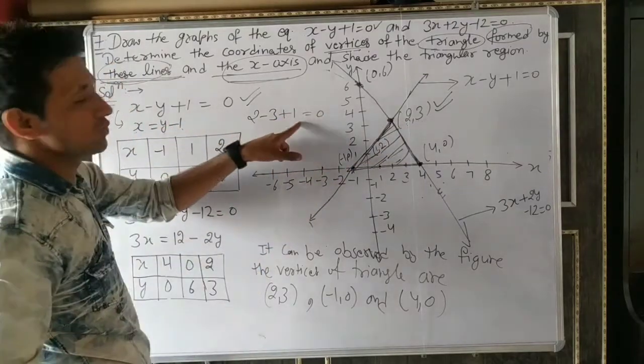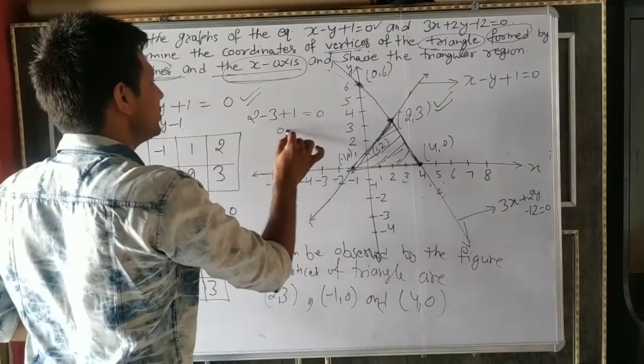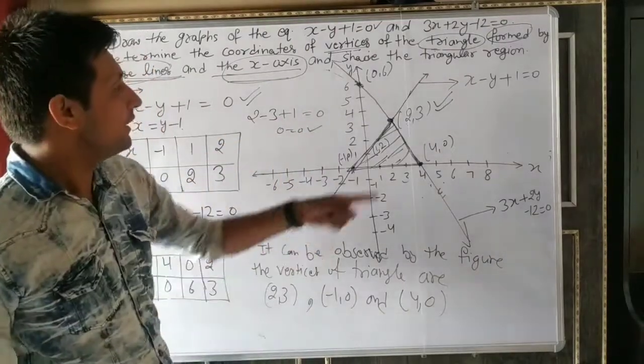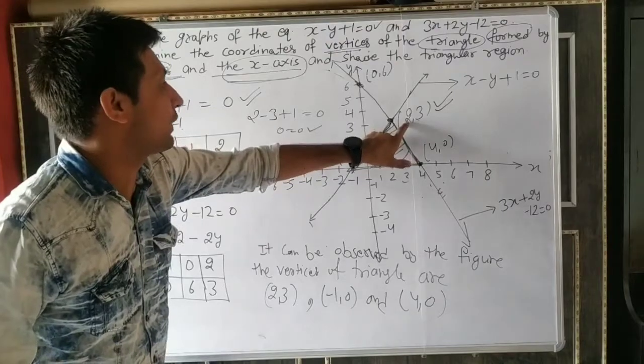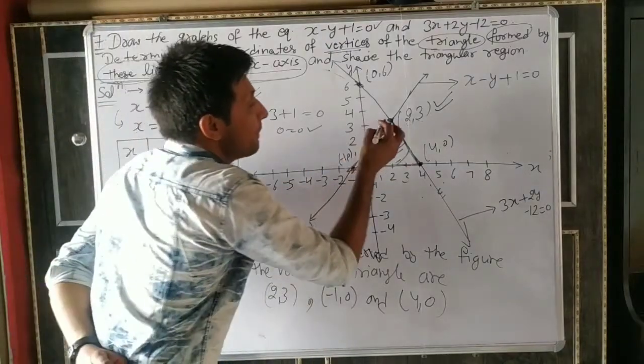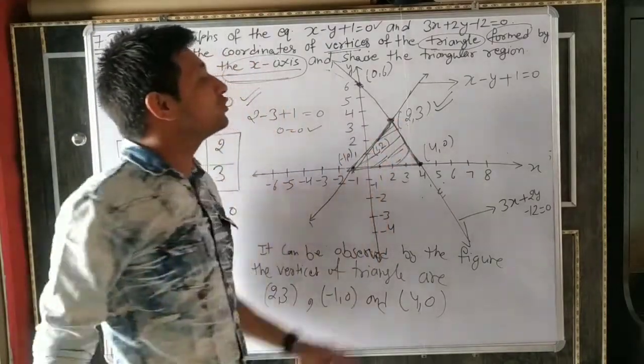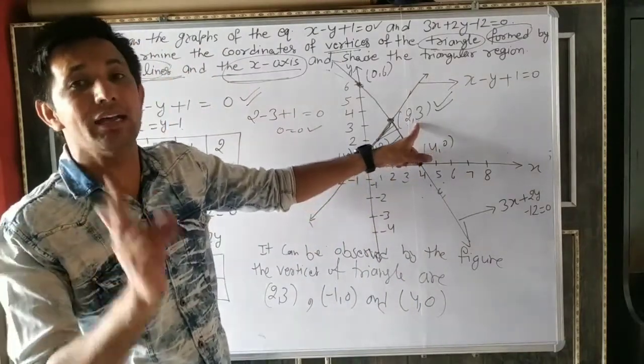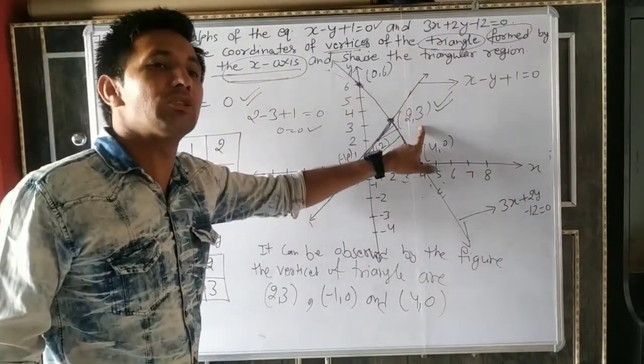Yes, 2 plus 1 is 3, 3 minus 3 is 0, equal to 0. Yes, satisfied. This solution also satisfies the other, because this point lies on both of the lines.